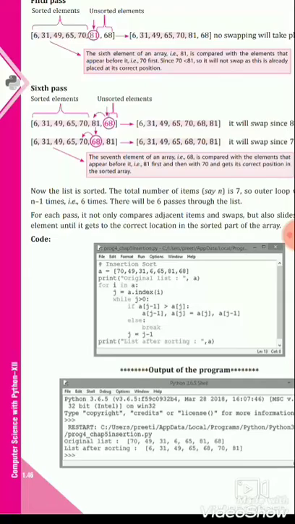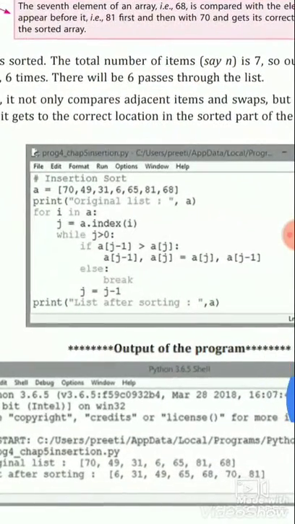So here we can see the code. We have a list A equal to 70, 2, 68, and first we print the original list, then we use a for loop. So for i in A, j equal to A.index(i), so j holds the index number of the i element in array A. Then we start our second loop, and the second loop runs while j is greater than 0.